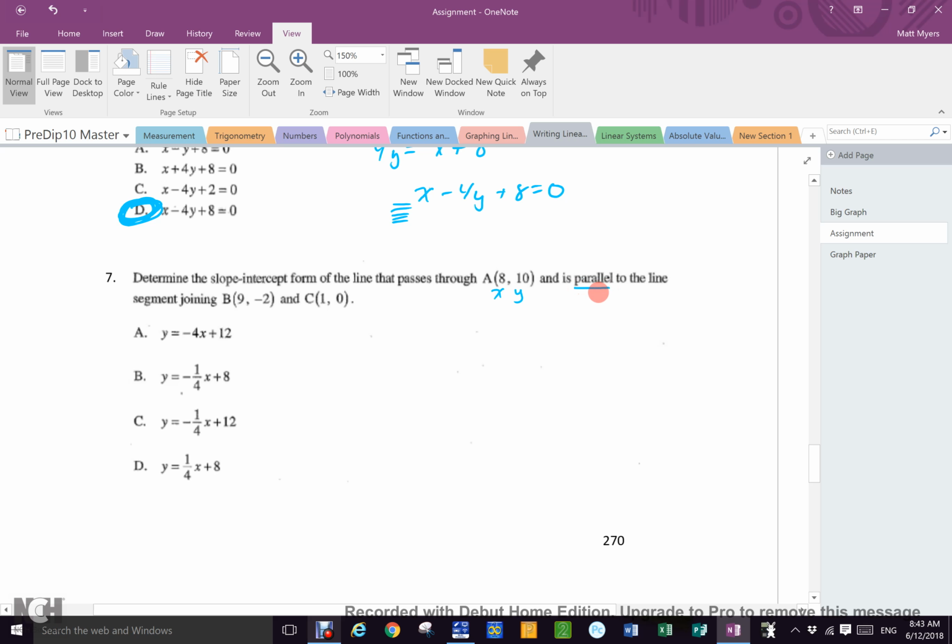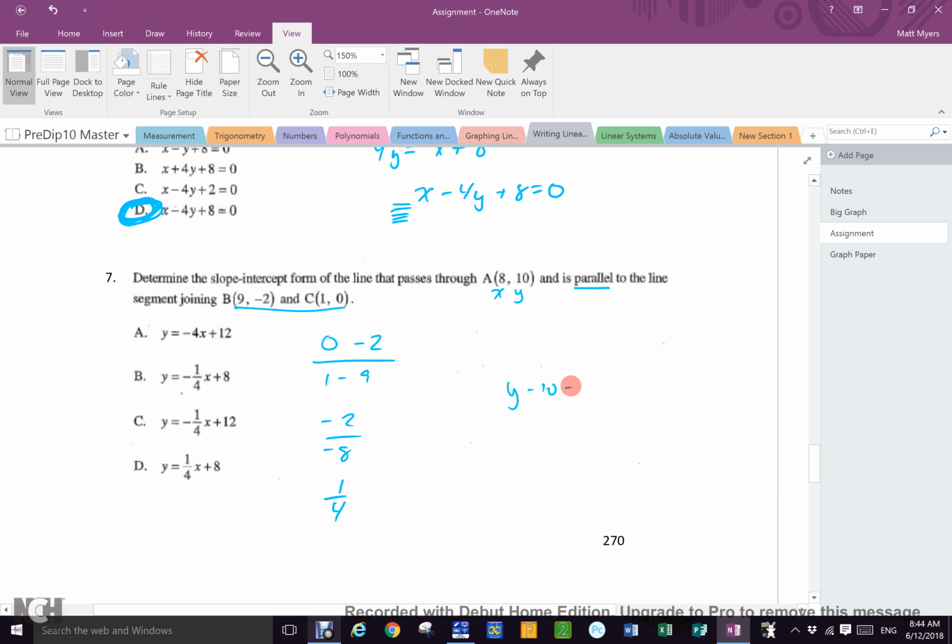You know that it is parallel to this. Parallel means it's got that slope. How do I use that to find the slope? Rise over run: 0 minus 2 over 1 minus 9, which is negative 2 over negative 8, which is 1/4.